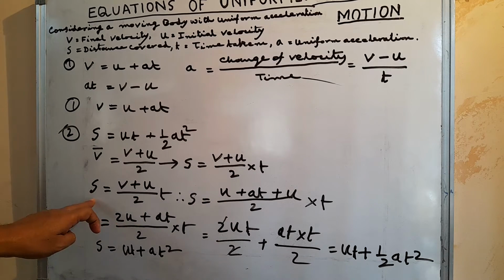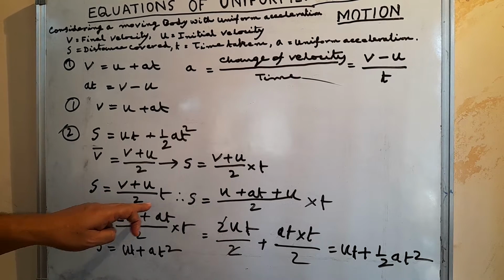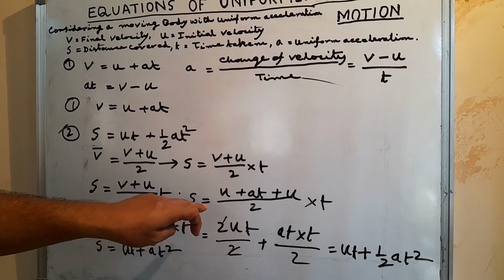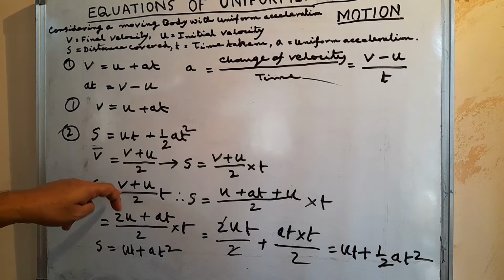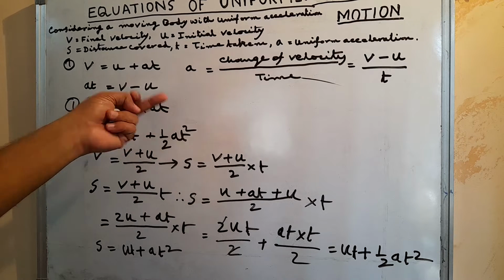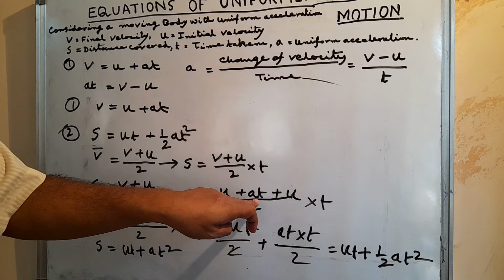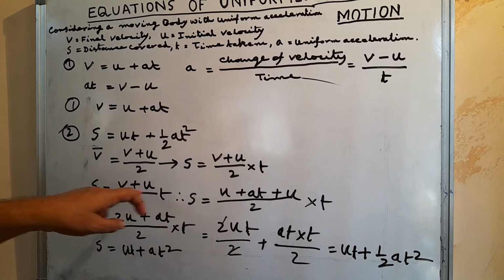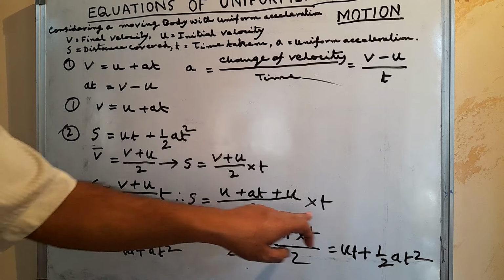Now we will replace v with the first equation, v equal to u plus at, so we put u plus at plus u by 2 into t.